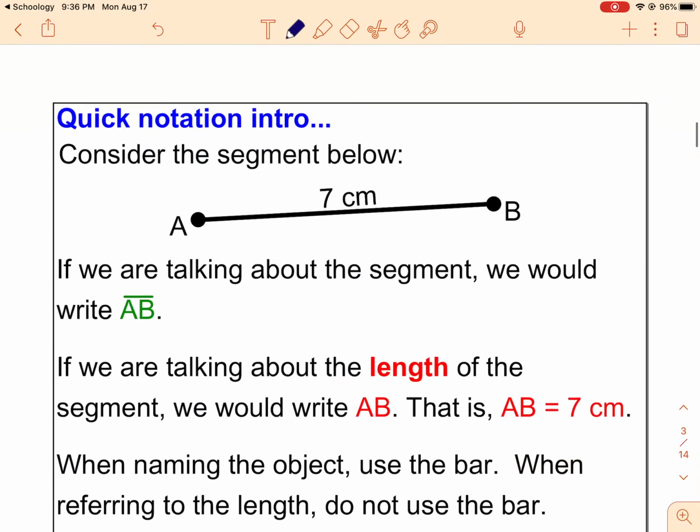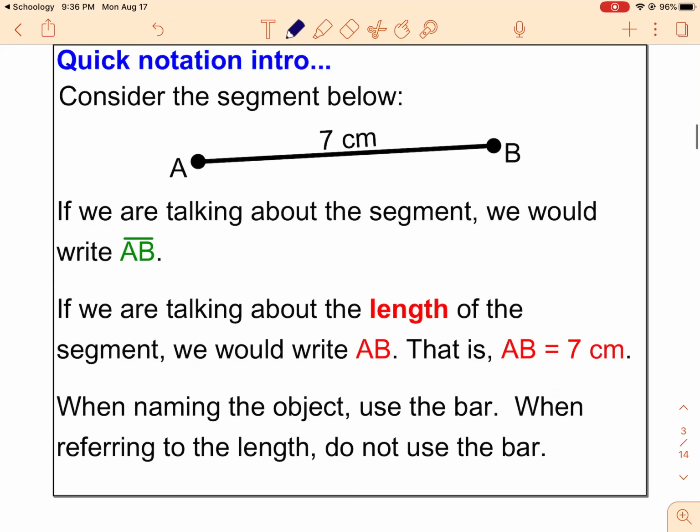So a little notation: we have segment AB, it's 7 centimeters long. If we're talking about the segment itself, we learned that we label it with 2 capital letters and then the line over it. Since it's a segment, we don't have the arrows above it. That would be for a line.